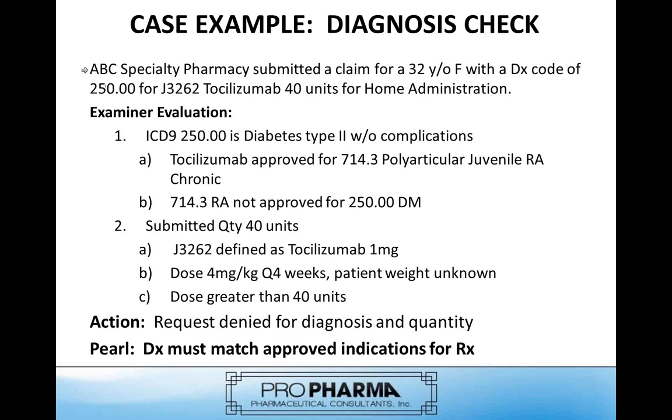A specialty pharmacy submitted a claim for a 32-year-old female with a diagnosis code of 250, which is diabetes, and for a particular drug, tocilizumab, for 40 units for home administration. Well, diabetes at 250 is not a labeled indication for tocilizumab, which is used for juvenile rheumatoid arthritis.